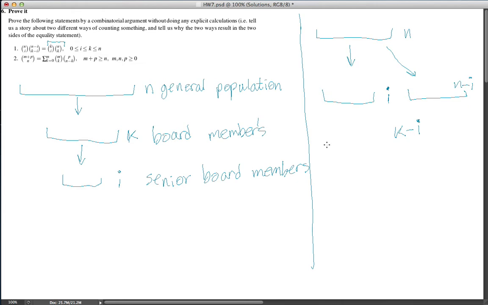In the first step, we had n choose i ways to pick the senior board members, and then out of the remaining population we have to choose k minus i non-senior board members. The remaining population was n minus i. So this way of counting gives us this value, and the other way of counting gives us k choose i times n choose k, so these two must be equal.